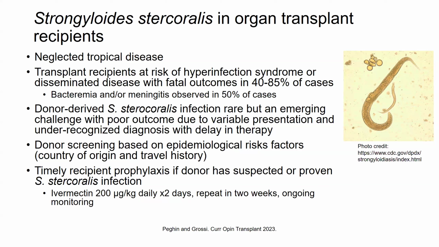And so donor screening is currently recommended to be based on epidemiological risk factors, including country of origin and travel history. And if there is suspected or proven infection in this situation, then prophylaxis would be given to the recipients with ivermectin 200 micrograms per kilogram daily for 2 days, then repeated in 2 weeks' time with ongoing monitoring.